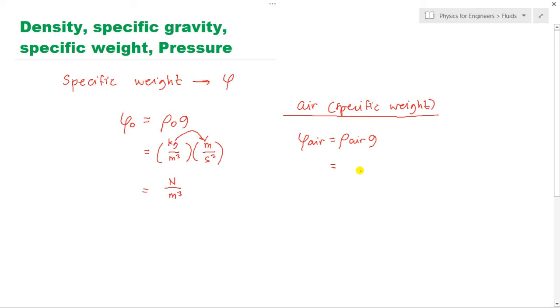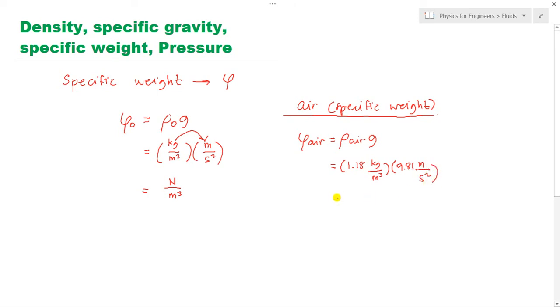Do you remember the density of air from the previous slide? What is the value again? 1.18. Okay, right? So 1.18 kilogram per cubic meter multiplied by the acceleration due to gravity, that is 9.81 meter per second squared.